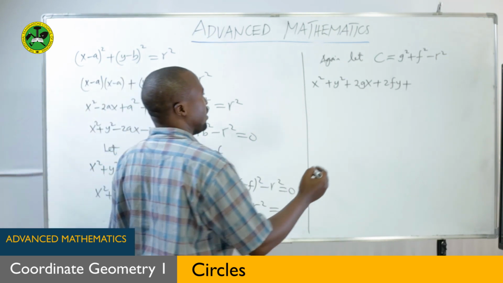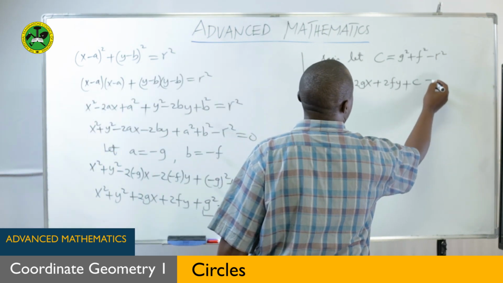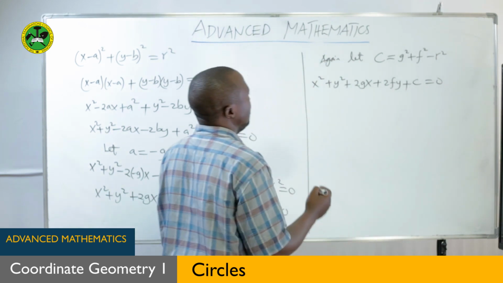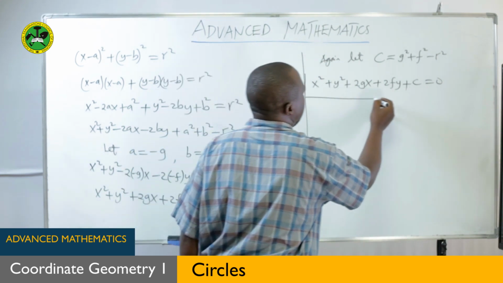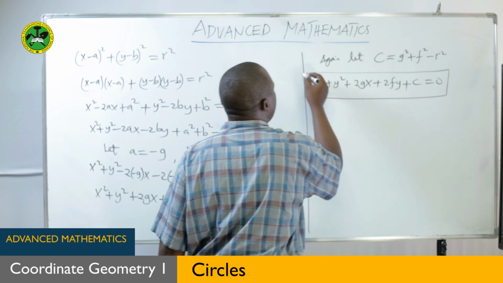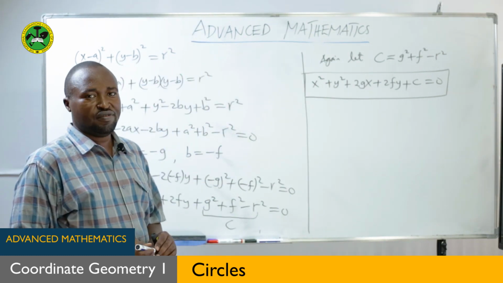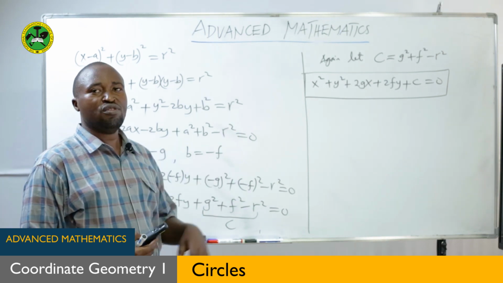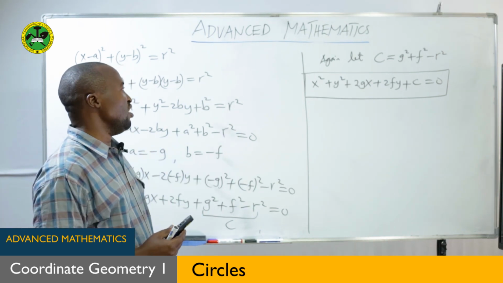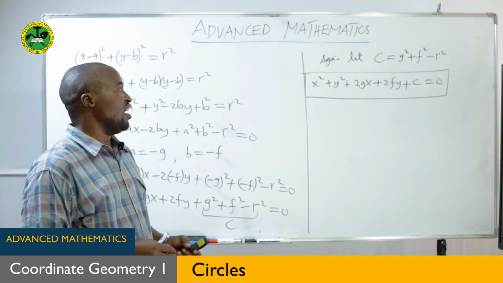So here it will be plus c is equal to 0. Now this one is another way of writing the equation of a circle. And this code is very useful when you have 3 coordinates and you want to find some missing values.